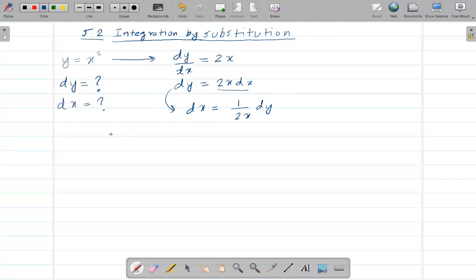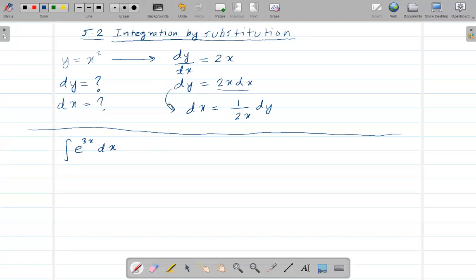So let's start. Let me show you what integration by substitution means from an example. So let's say we want to find the integration of e to the power 3x dx.